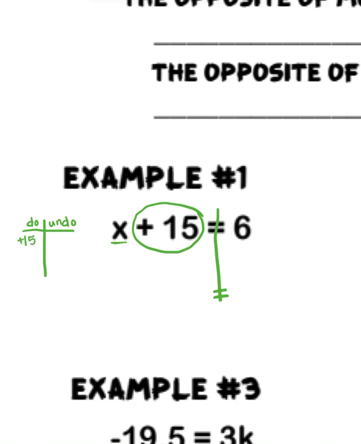That's what is happening. So to undo a positive 15, or adding 15, the opposite would be a negative 15. This is just going to help us relay what we're doing. So if I have a plus 15, I have to do the opposite, which is a minus 15. My x is here, and if I take away that 15, those essentially cancel out.